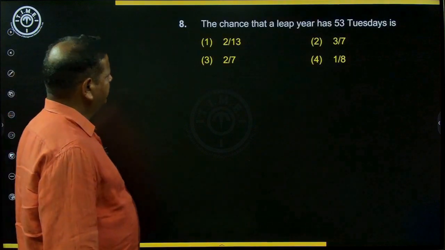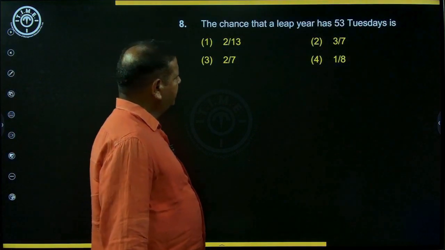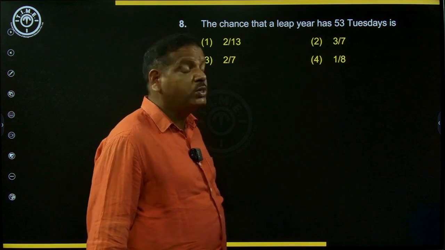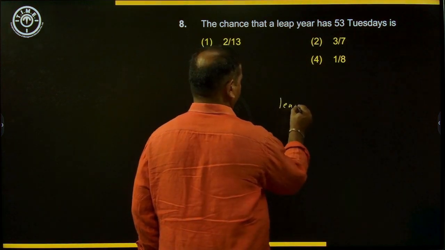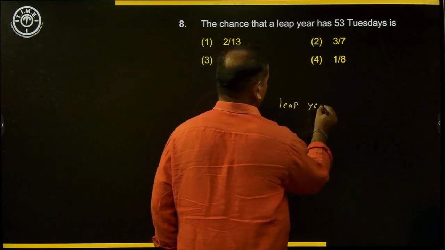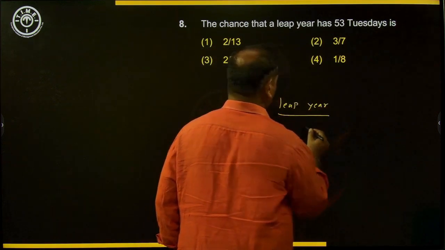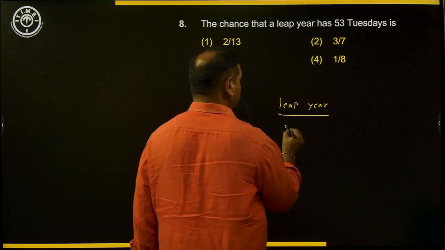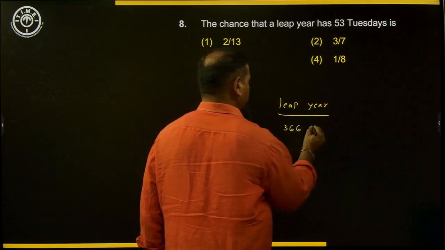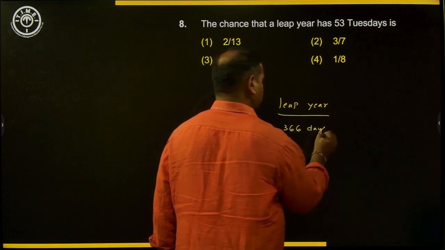See the next question. The chance that a leap year has 53 Tuesdays. What about the leap year? A non-leap year has 365 days. A leap year has 366 days.